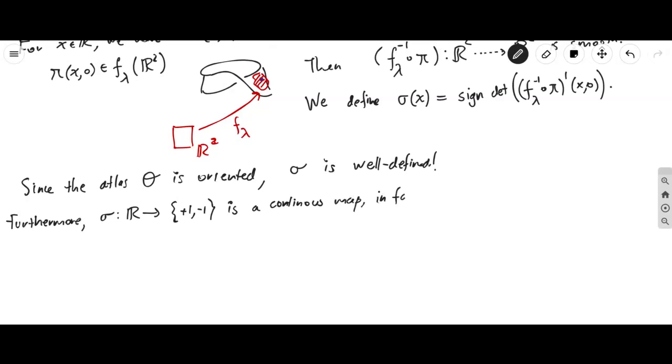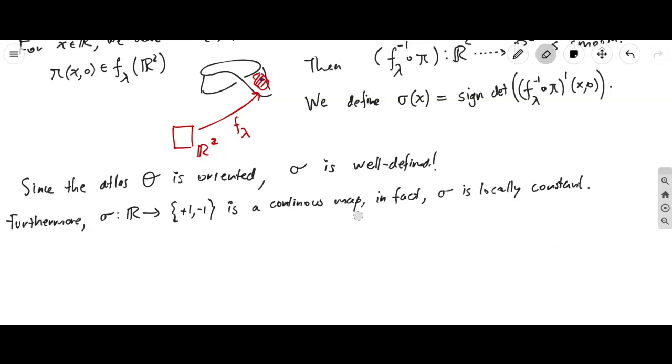So in fact, sigma is locally constant. If it's locally constant, it has to be continuous. Constant functions are continuous, and it's enough to show continuity locally on every open set. If on a small open set it's constant, then locally it's continuous.